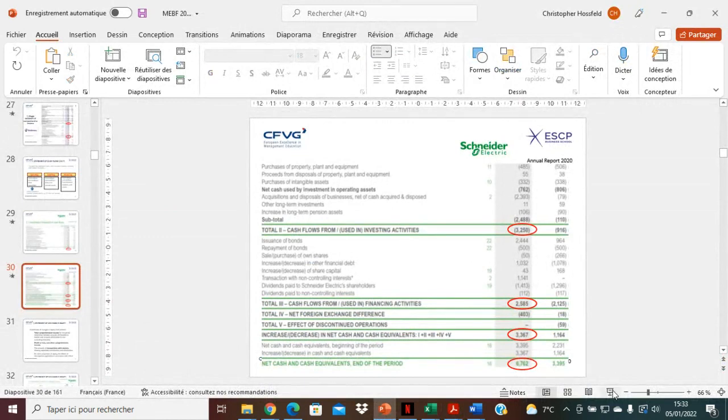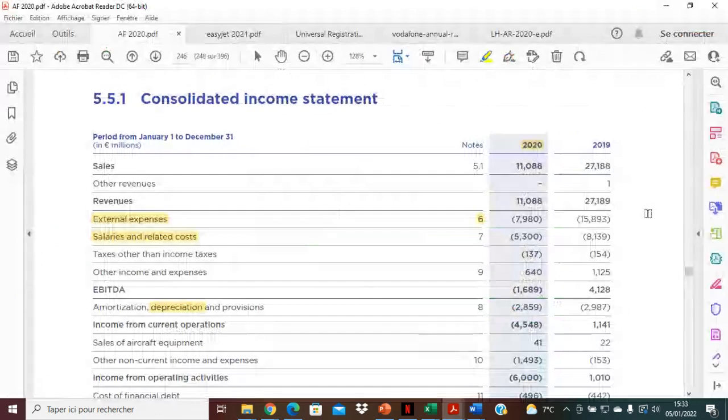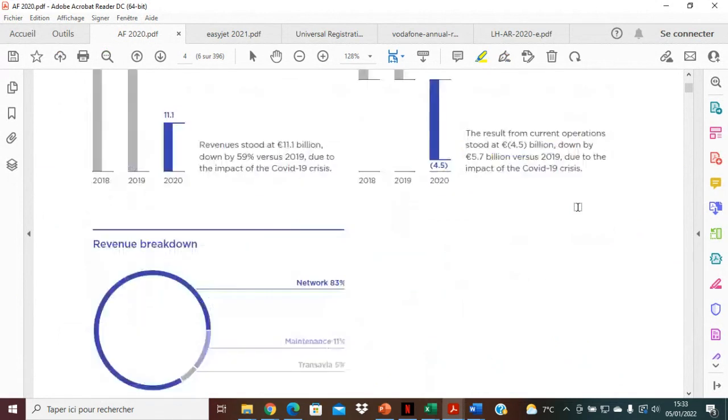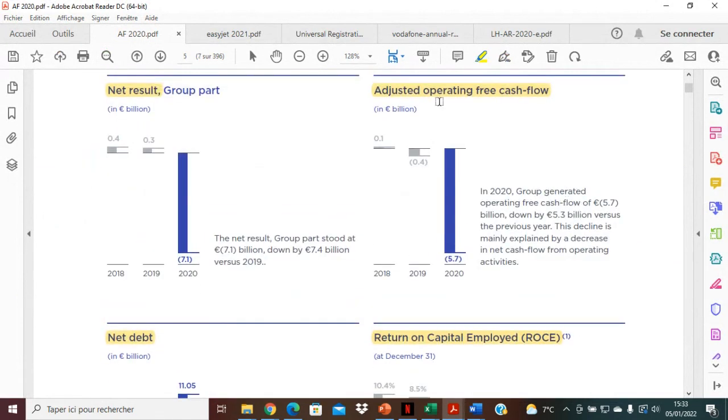Here we are. Okay, and that's why, remember Air France at the beginning of their document, when they talked about the key figures, they talked about operating cash flow, or what they call adjusted operating free cash flow. So remember, once again, free cash flow is not defined in a well-defined way. That means in the report of Air France somewhere, they tell us what the definition is, and we need to check what adjusted operating free cash flow means.